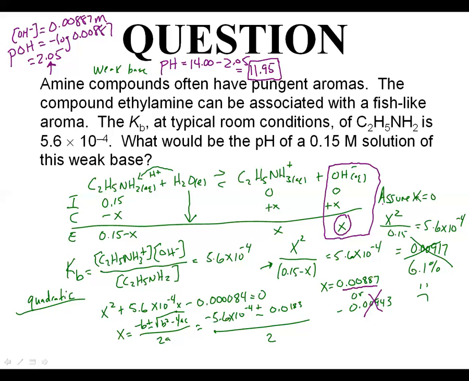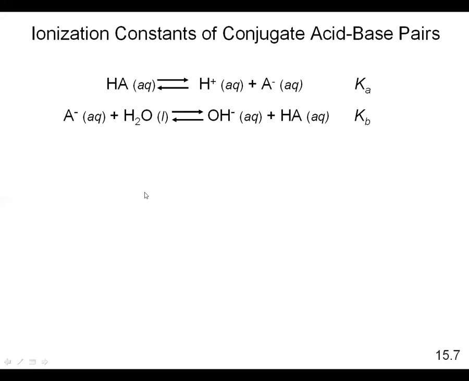Okay. So those are weak base problems, which again are pretty much done the exact same way as our weak acids. So we have a weak acid, which has a Ka value, and we have a weak base, which has a Kb value.